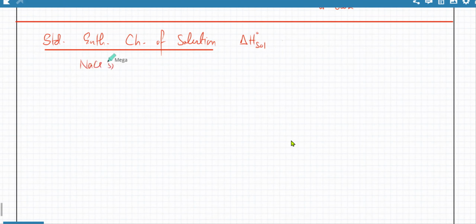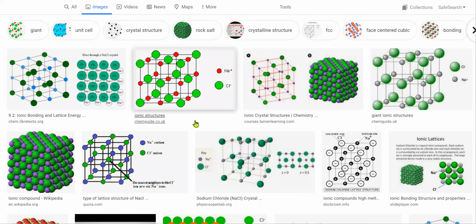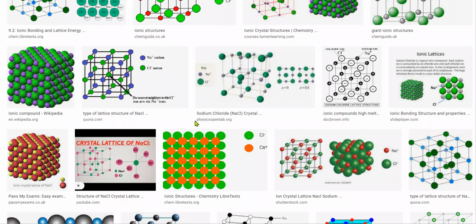The ions get mixed with water, so the ions become separated when you stir them vigorously with water. So you've got NaCl. This is what happens when you have an ionic compound, an ionic lattice of NaCl.